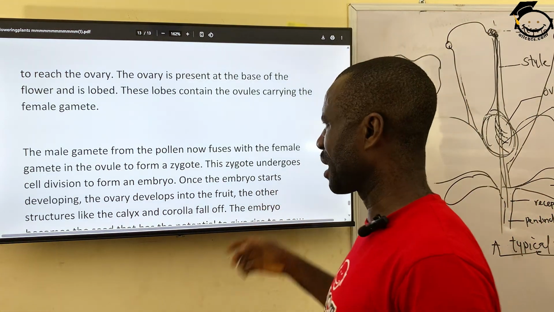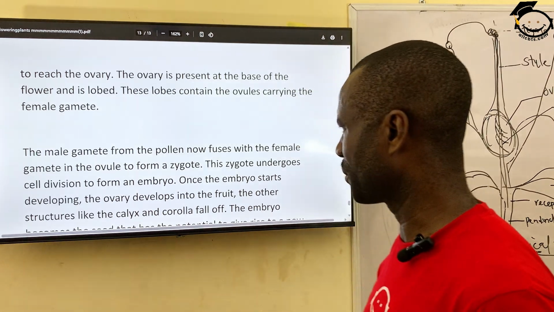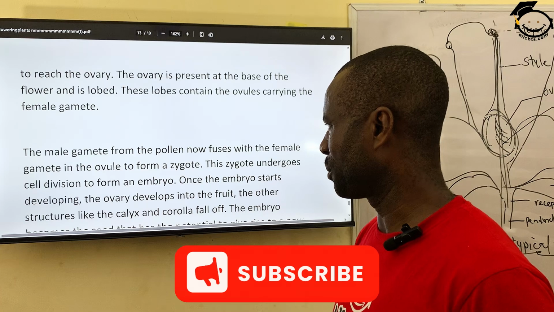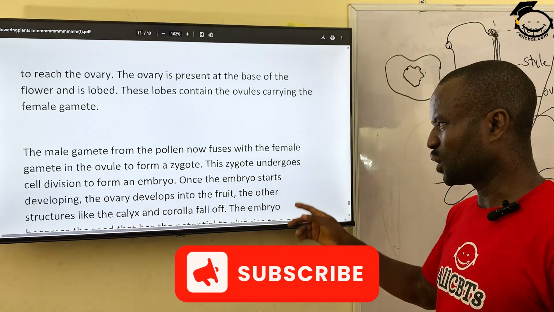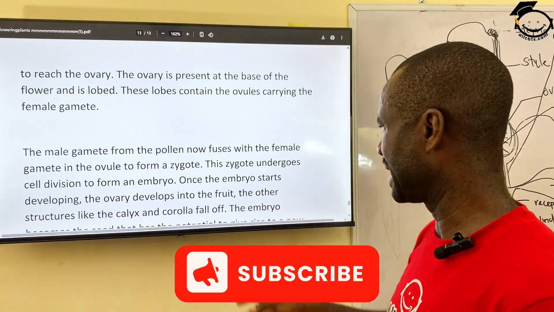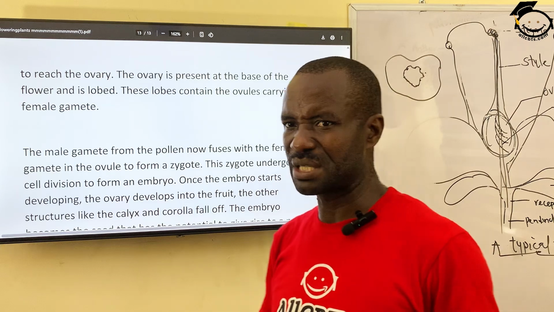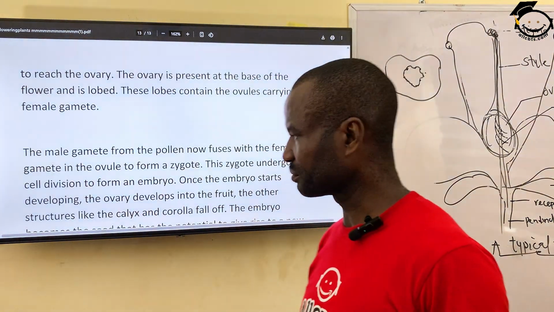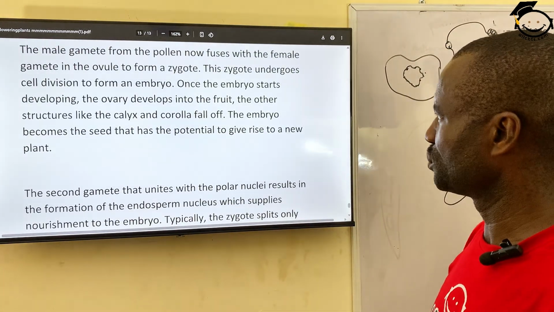After fertilization, the zygote is formed. This zygote undergoes cell division. There are several divisions until the embryo is formed. Once the embryo starts developing, the ovary develops into fruit. The other structures like the calyx and the corolla fall off. The embryo develops into seed, while the ovary develops into fruit.